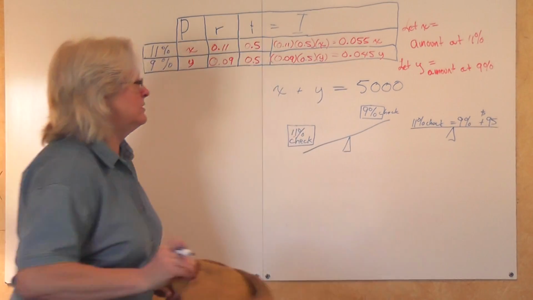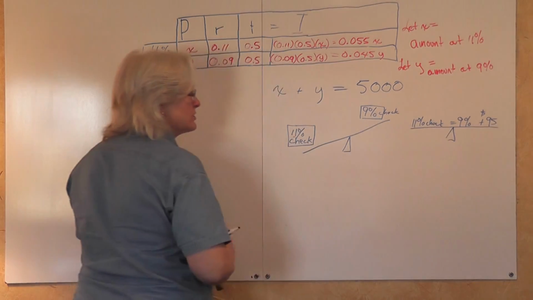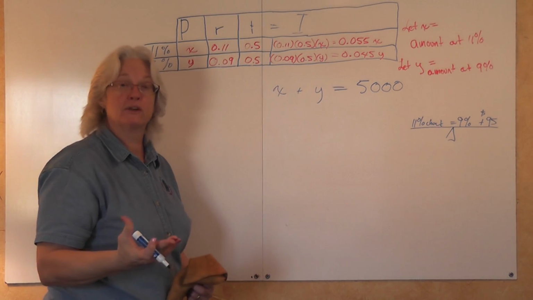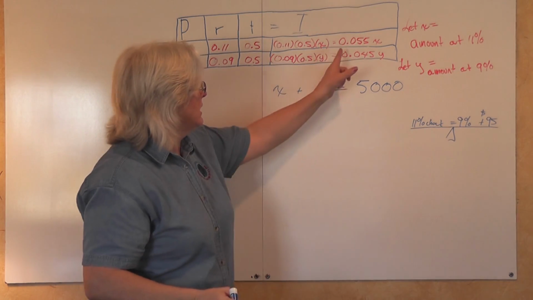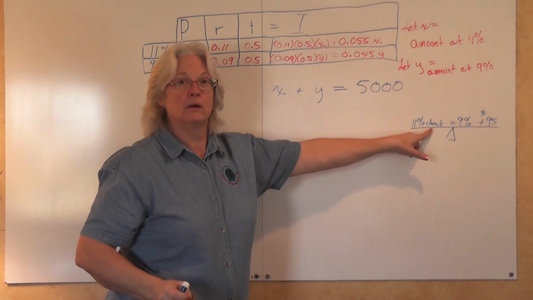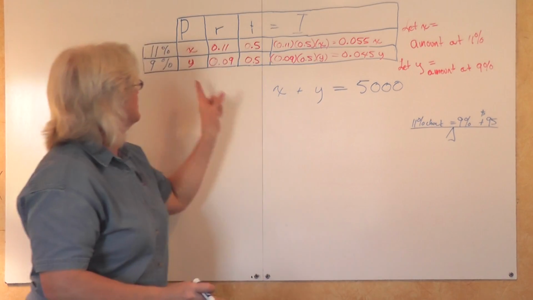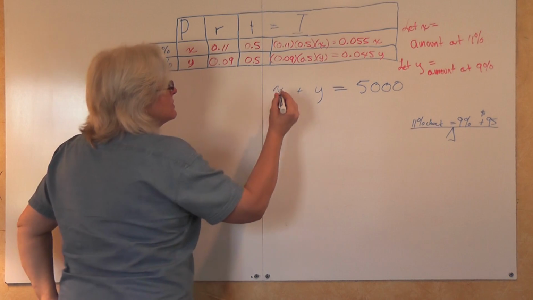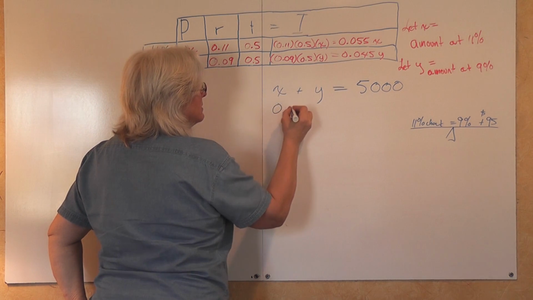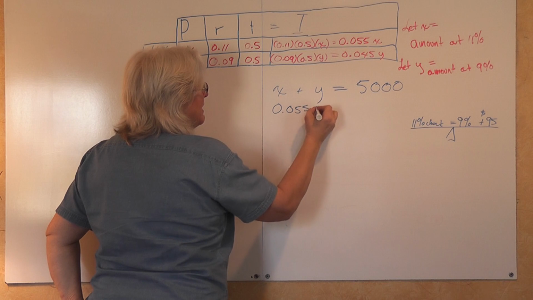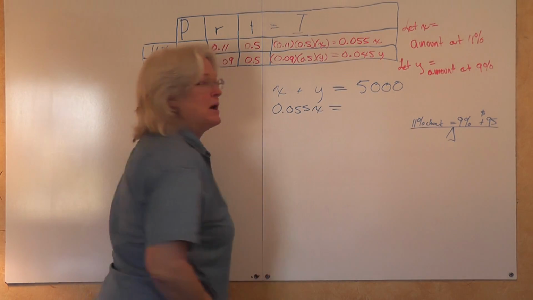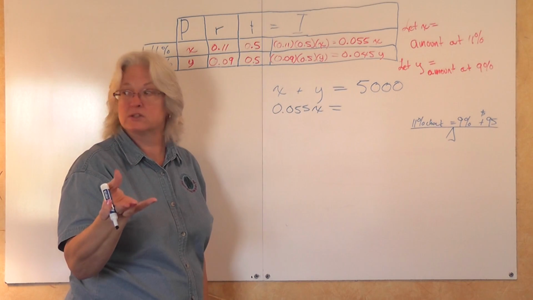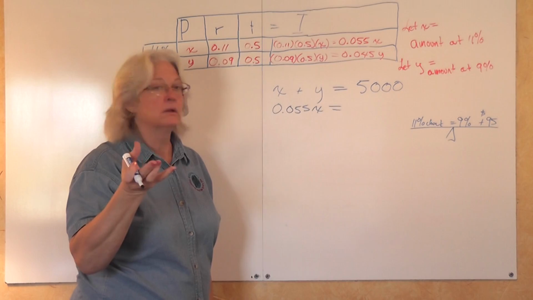So what can we do to write an algebraic equation that describes that picture right there? Well, do we have an expression for the interest check from the amount invested at 11%? Sure we do. Here's the interest that is received. So we have 0.055x. That's the amount of interest earned on the principal that is deposited at 11%.